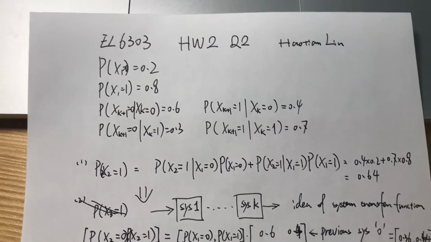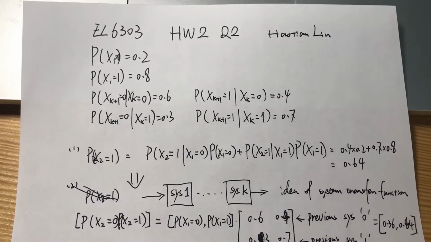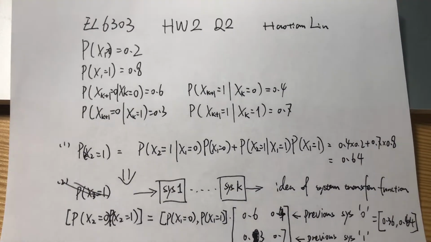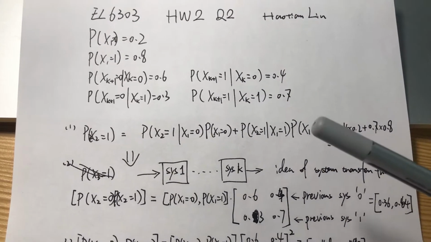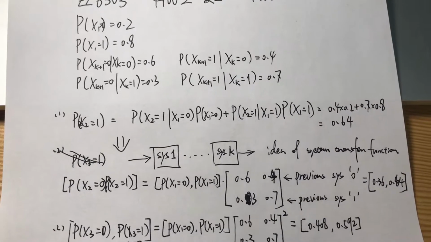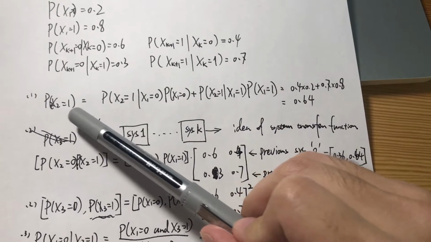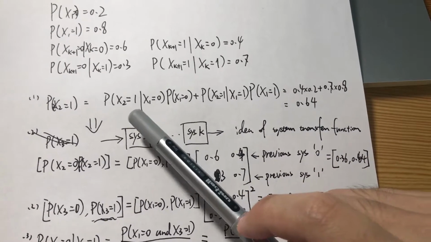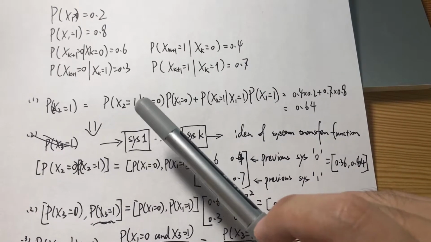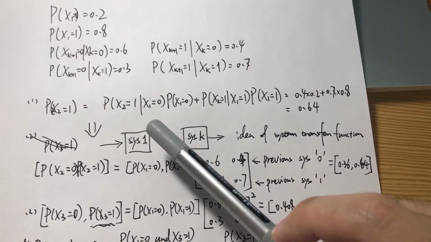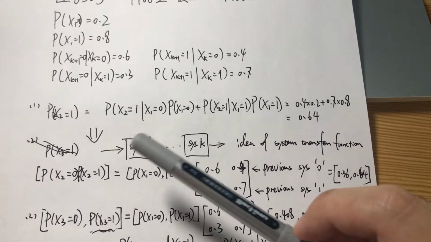The first question asks about the probability of x2 equals 1, and this one is pretty simple because we use conditional probability. X2 equals 1 means two situations: the previous signal x1 equals 0, or x1 equals 1.